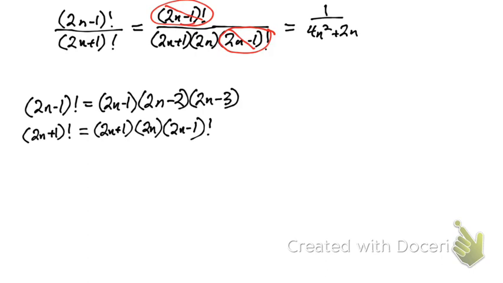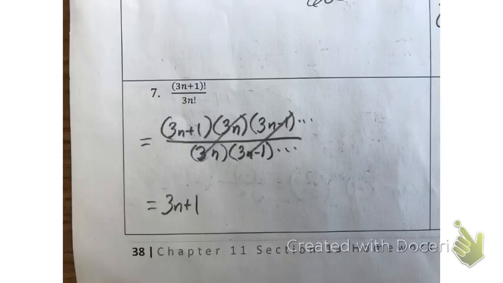So for number 7, if we look at number 7 really quick. If we look at 7, I looked at the top and said that's bigger. 3n plus 1 is bigger than 3n.